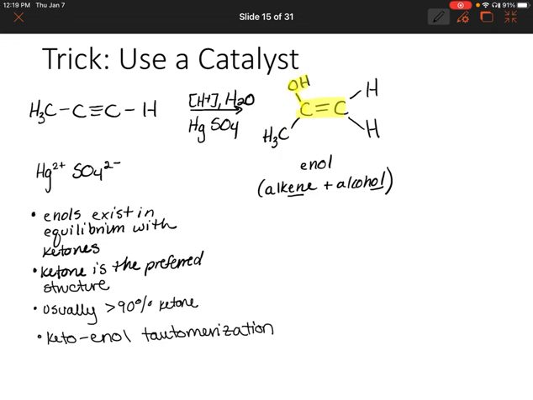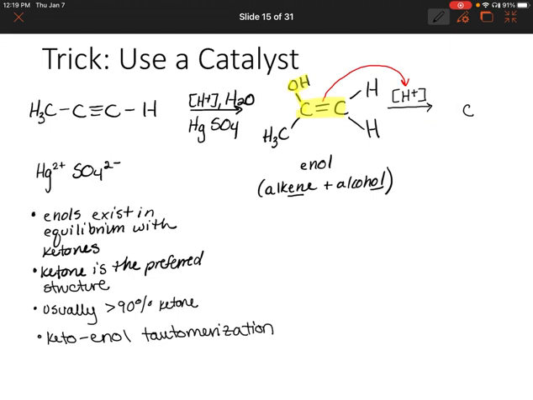So the enol doesn't exist for very long. It very easily reacts with acid. All right, so let's just show that it's reacting with an acid. The alkene, again, is very electron rich, so it's going to come in and grab onto a proton.